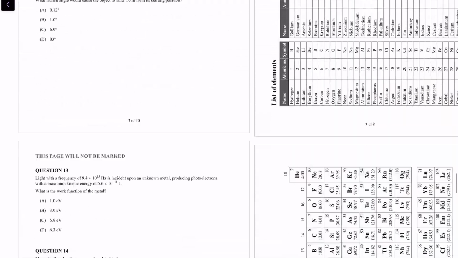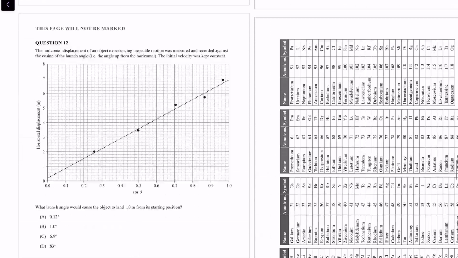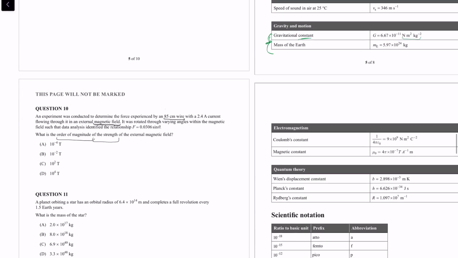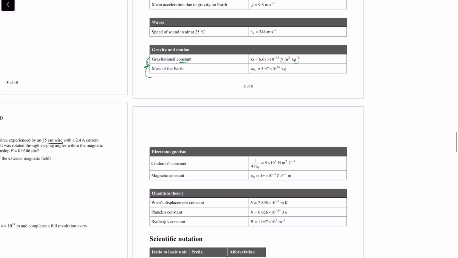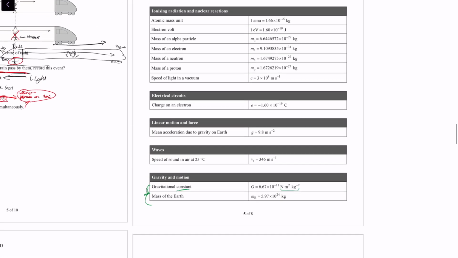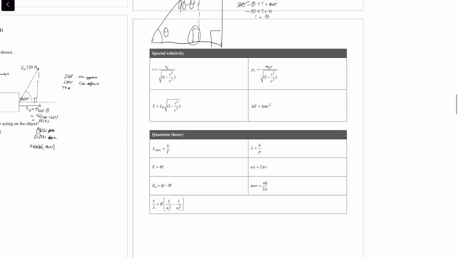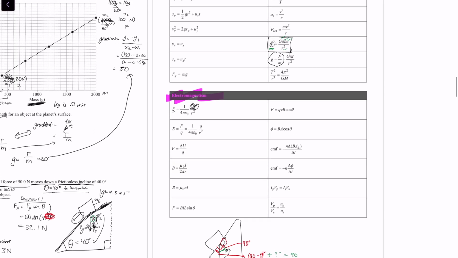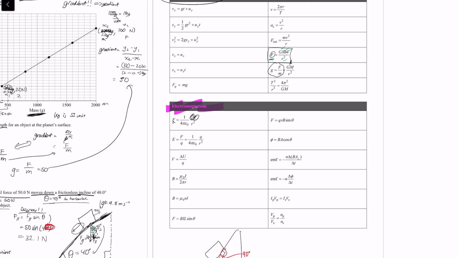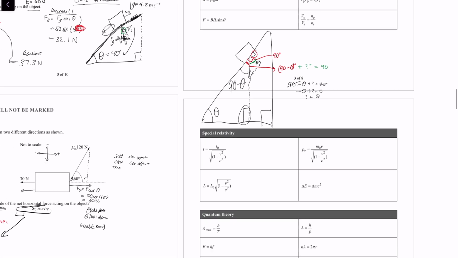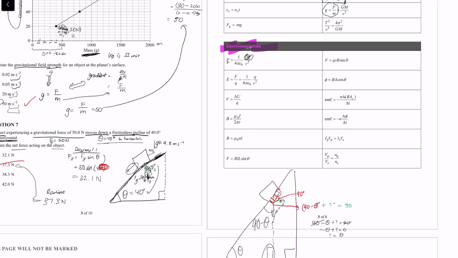So I'm looking here into my formula sheet, looking ahead on electromagnetism. Sorry, not electromagnetism. Where did it go? Here. Yeah, electromagnetism. And I can see that we have this one, yes.